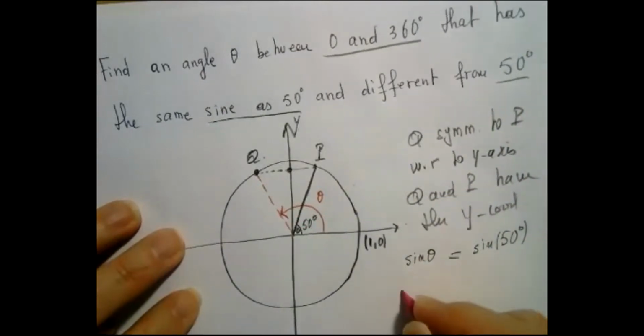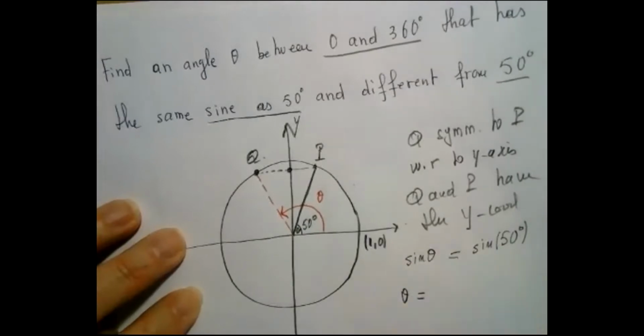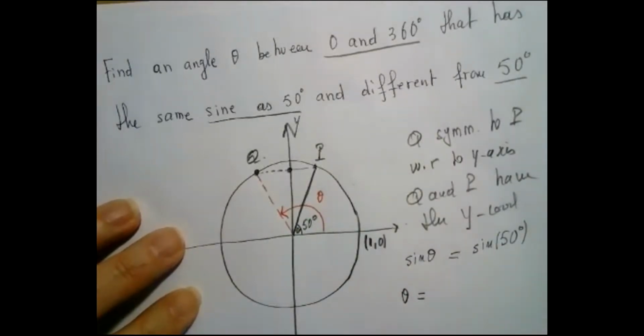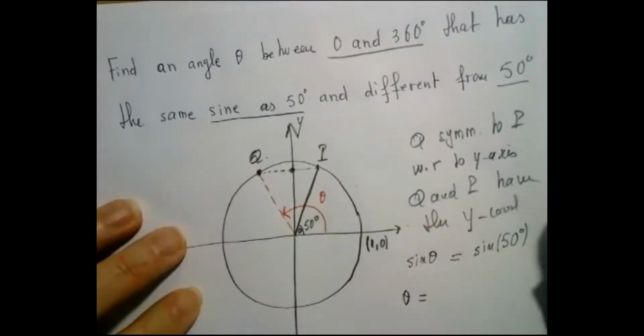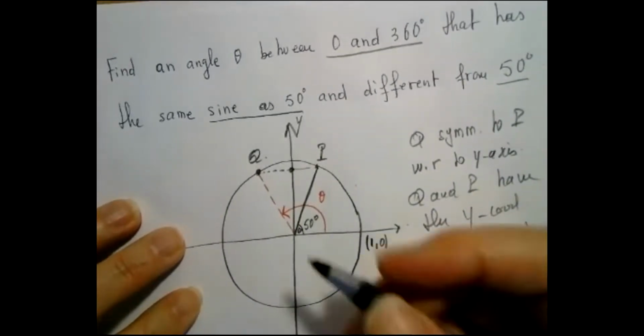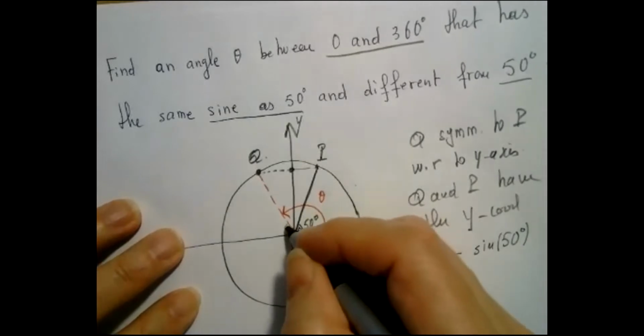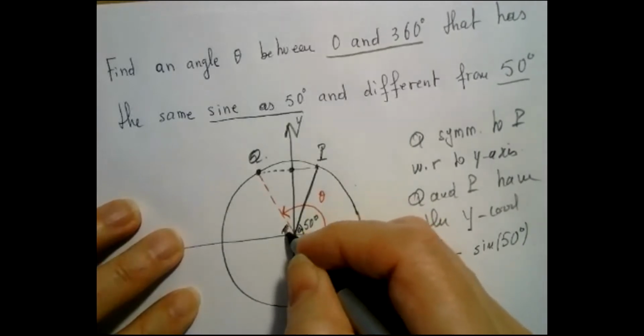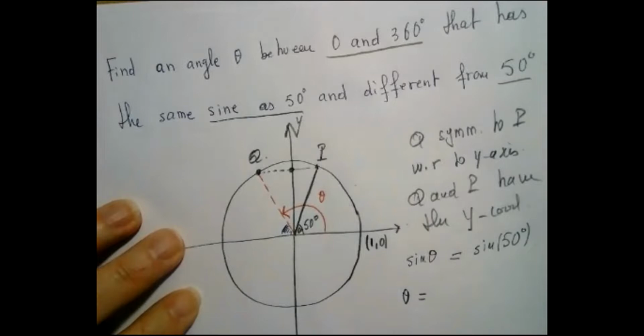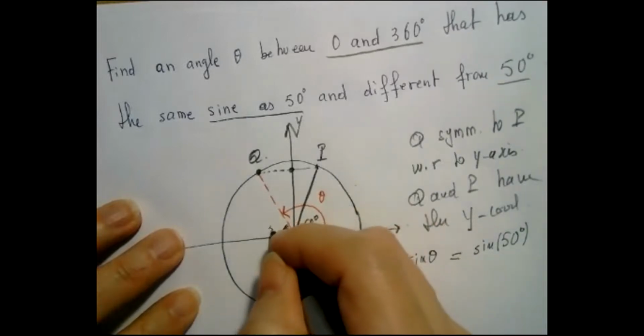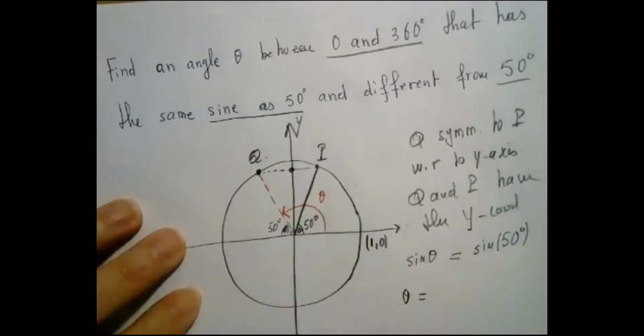Now the question really boils down to: what is theta? Again, we're using the symmetry of the unit circle. If this is 50, this right here, watch carefully, is also 50, total symmetry.